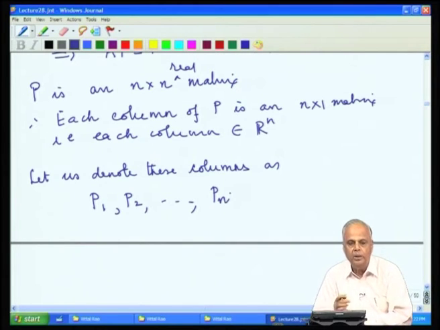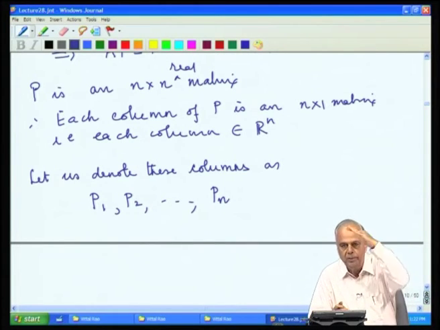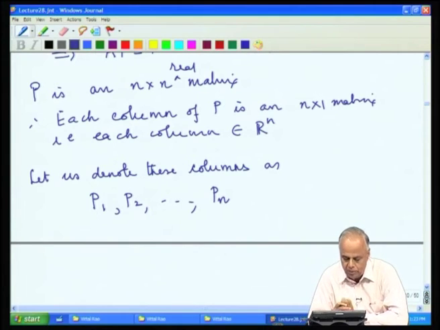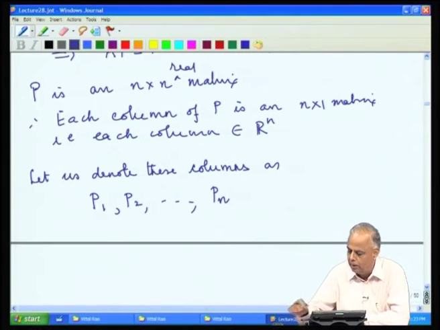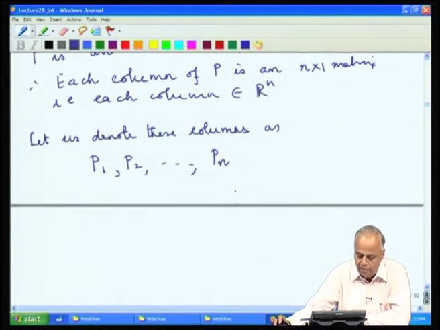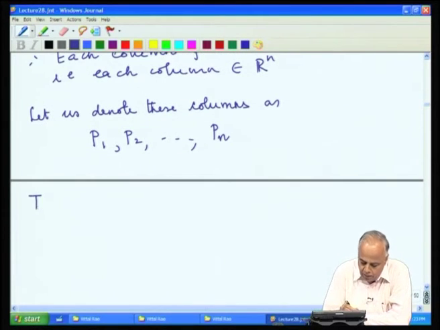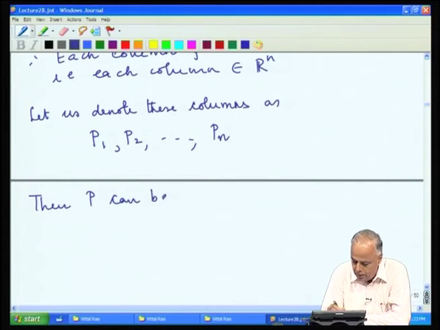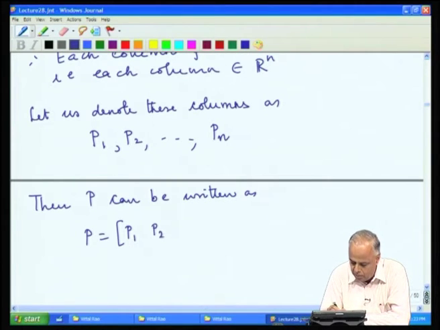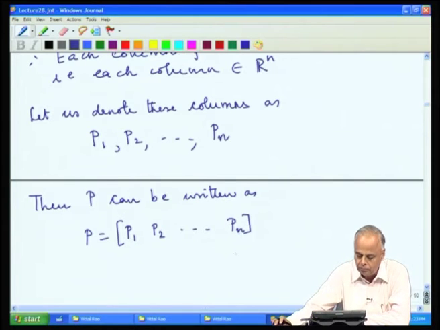So, P 1 will be the first column, it will have n entries, P 2 is the second column, it will have n entries, and P n is the nth column, a column vector with n entries. Now, P can be written in column notation as: its first column is P 1, second column is P 2 and the nth column is P n.